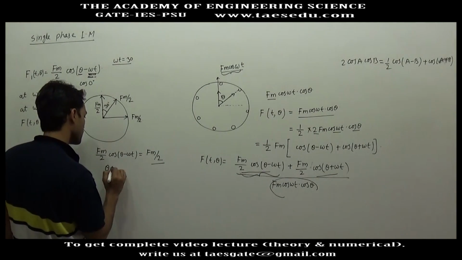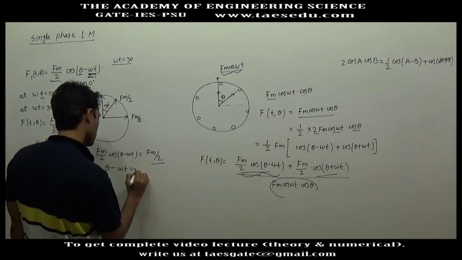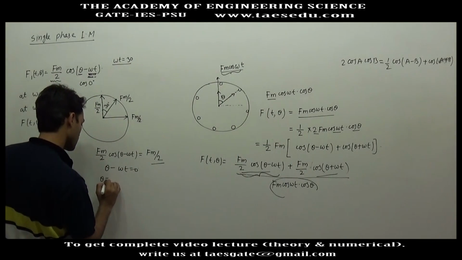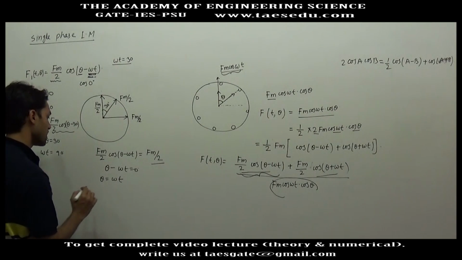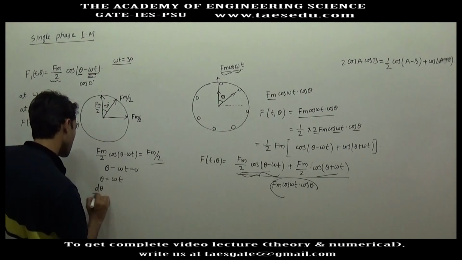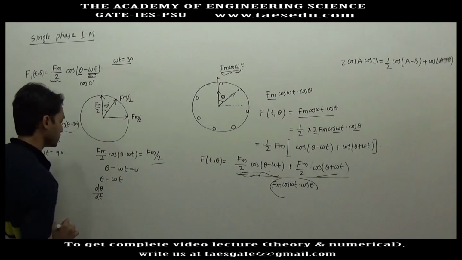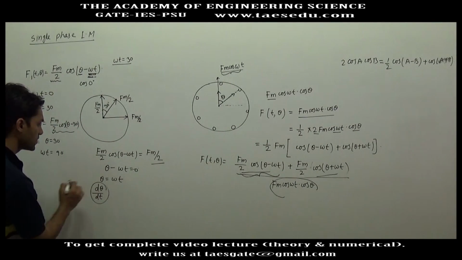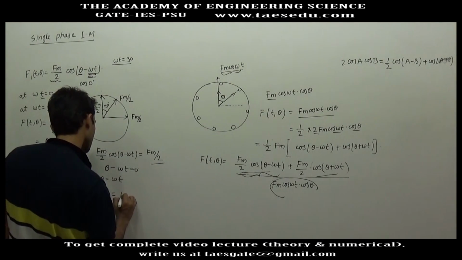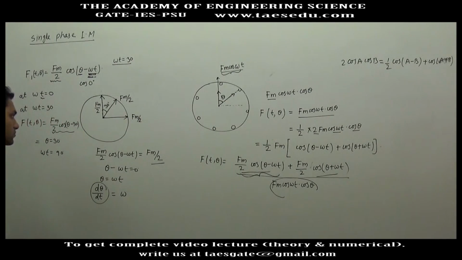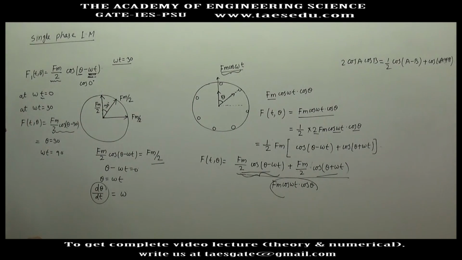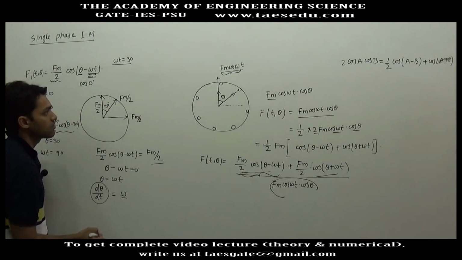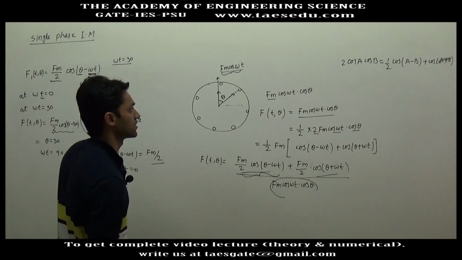For this, theta minus omega t must be 0. So theta must be equal to omega t. And what is the speed? The angular speed is d theta by dt, and d theta by dt is omega. So the angular speed of maximum magnetic field is nothing but the angular frequency of time variation.